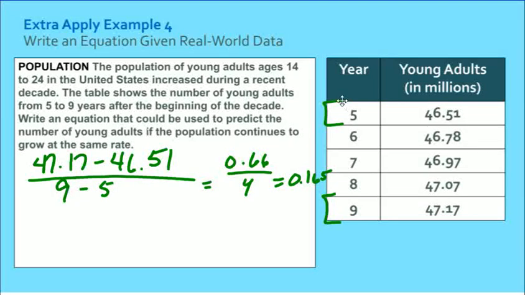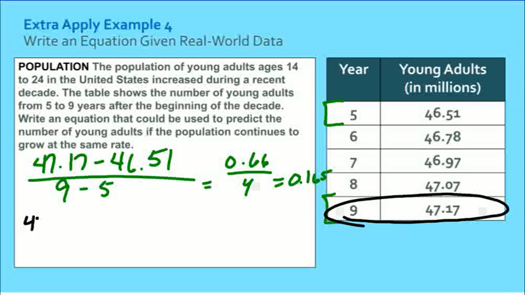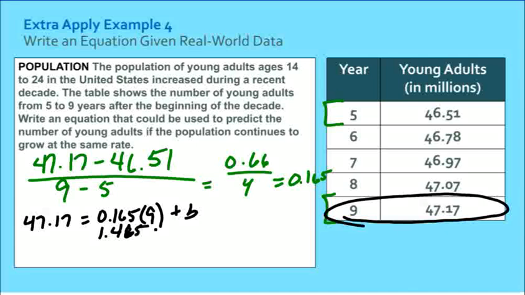So now I'm going to choose a point. I'm going to choose this point here. So I have 47.17 equaling our slope of 0.165 times 9 plus b. So I would multiply this by 9. It gives us 1.485 plus b.